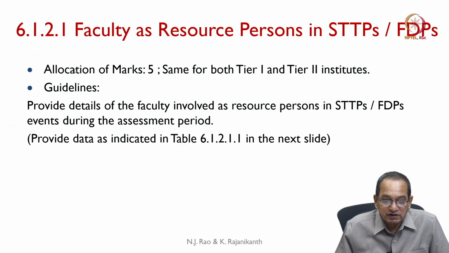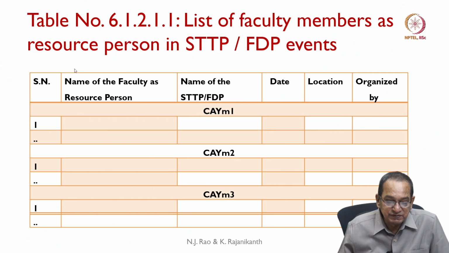So, provide the details. It is simply data, nothing more than that. So, the name of the faculty as a resource person and the name of the STTP or FDP. Then date, location where it was done, and who organized it.